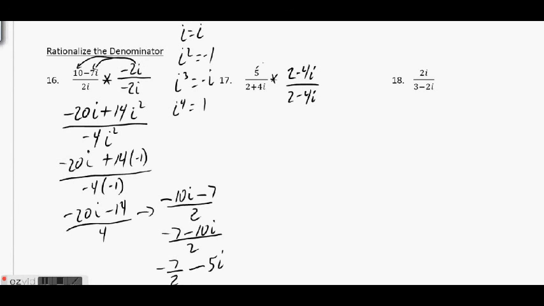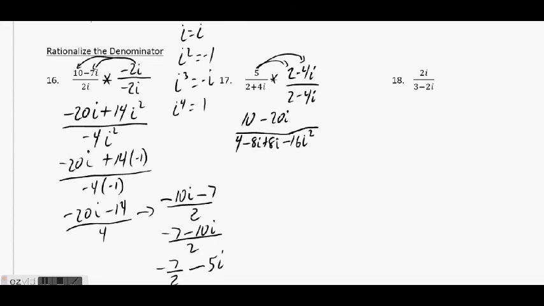You're multiplying, that's all you're doing. 10 minus 20i all over. Now here you've got double distributive property or FOIL. 2 times 2, 4. 2 times negative 4i, negative 8i. 4i times 2, plus 8i. 4i times negative 4i, negative 16i squared.